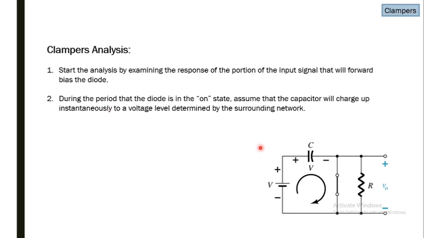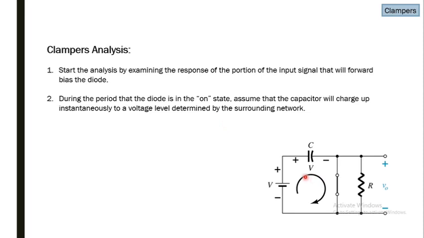Why instantaneously? Because we know that the charging and discharging time of a capacitor is determined by R and C. Generally, 5 tau is the charging or discharging time.